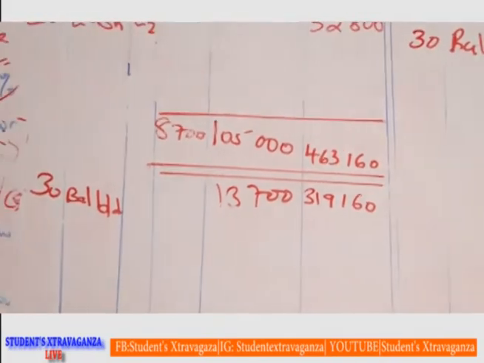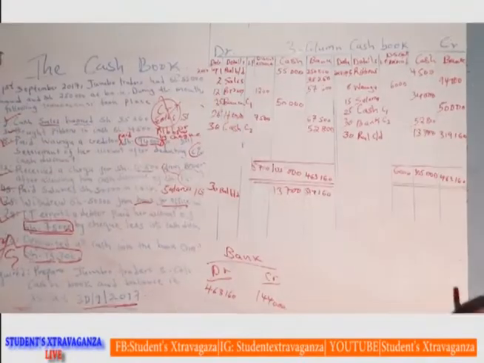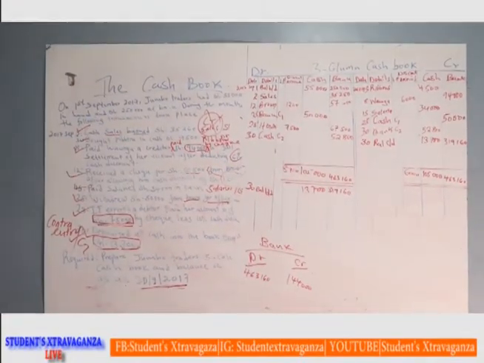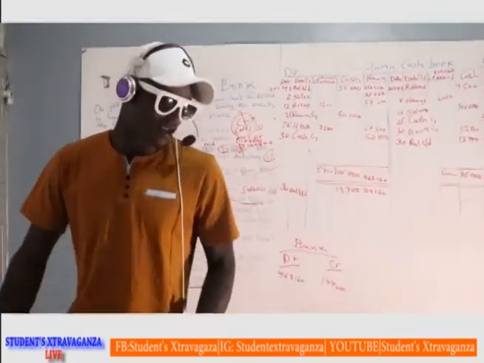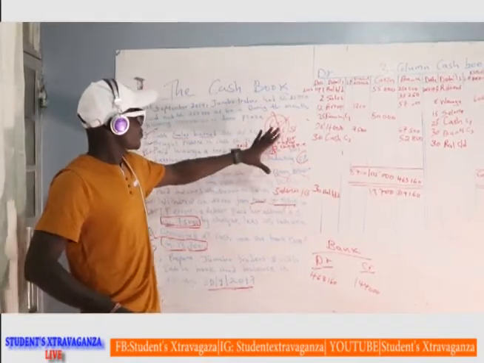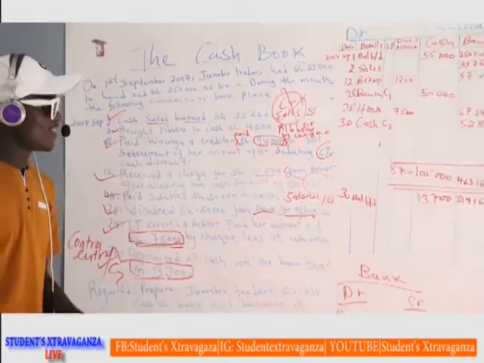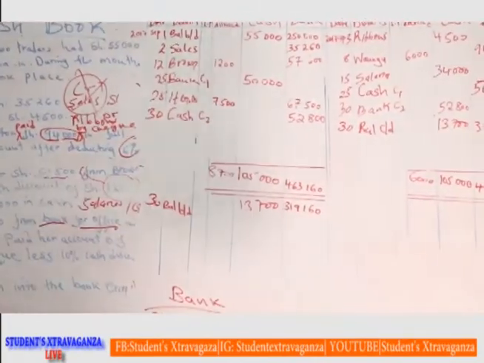This question is very important and it confuses most candidates, but it is as simple as A, B, C, D. Someone was just telling me that if he is required to prepare a cash book, he will rush back home and call his parent.